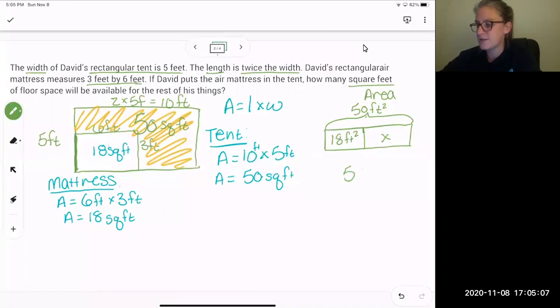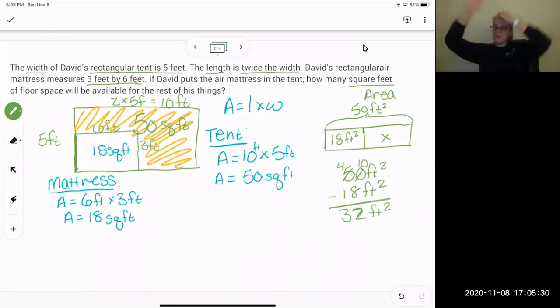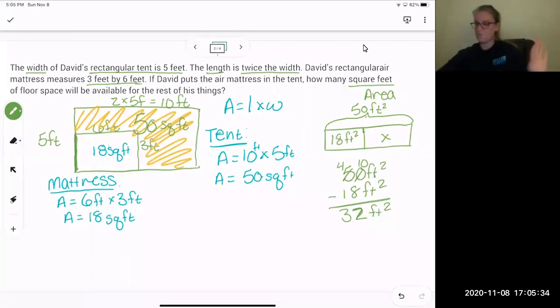So we can subtract and get 32 square feet for the area of his extra stuff.